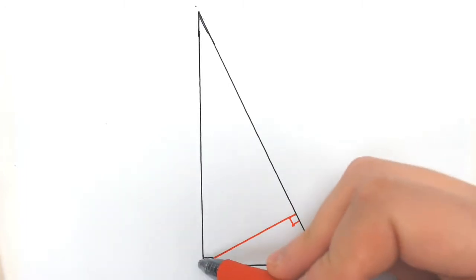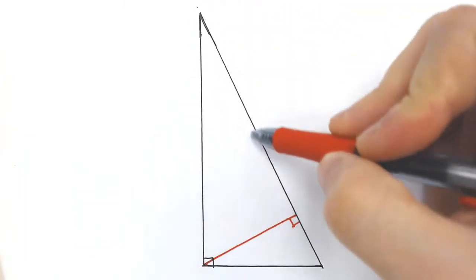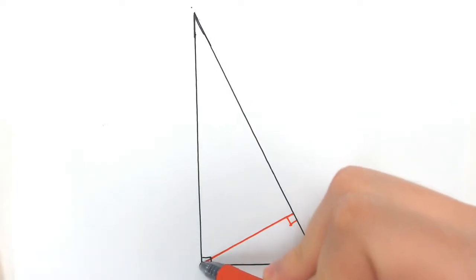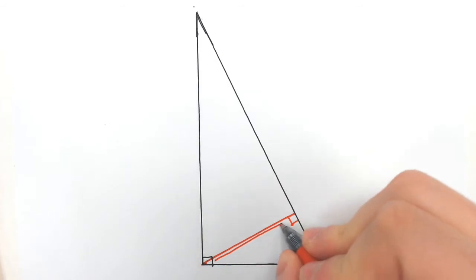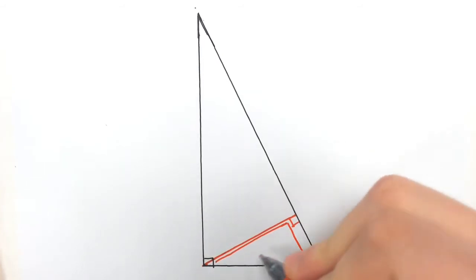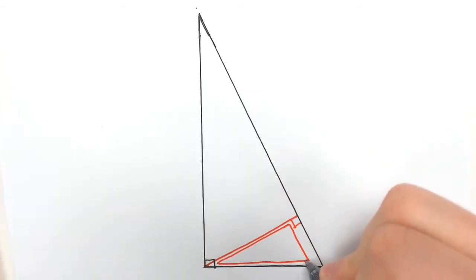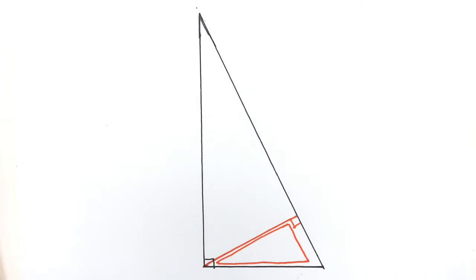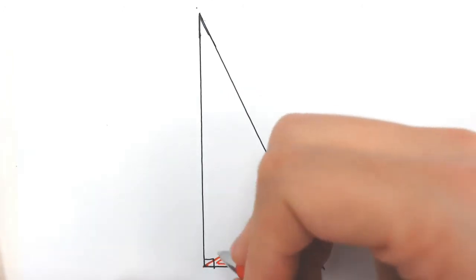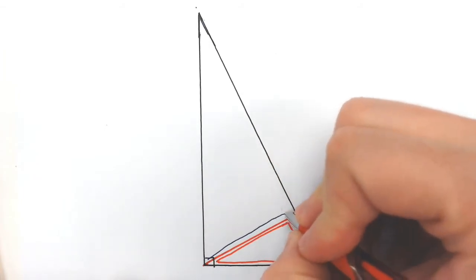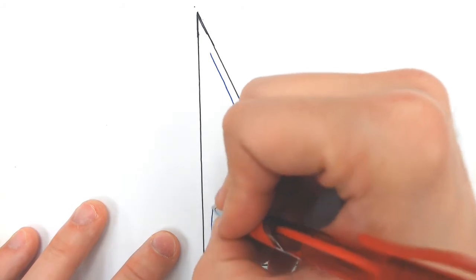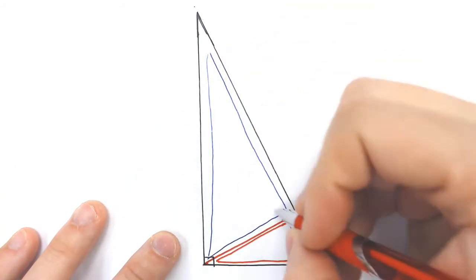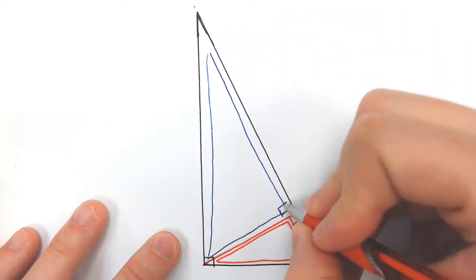You have the first one, this big one right here. You have this little guy right here, which I'm going to highlight in red. And you also have this blue one right here. And there are the three triangles. There's the 90 for the blue one.